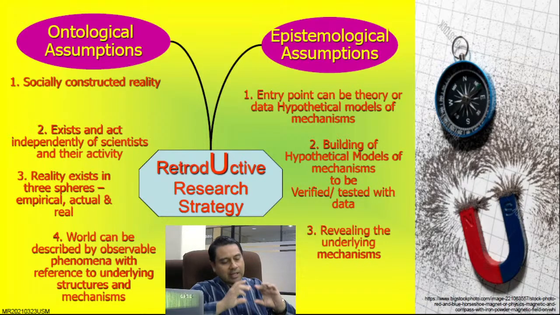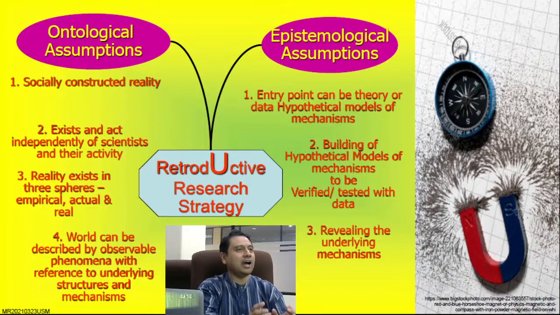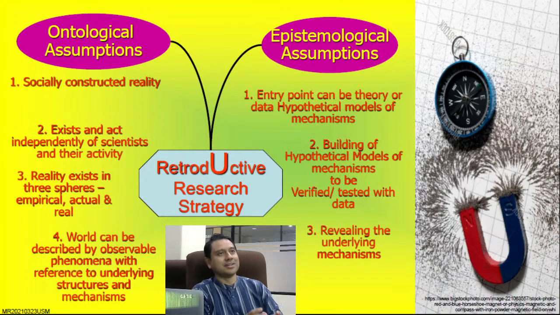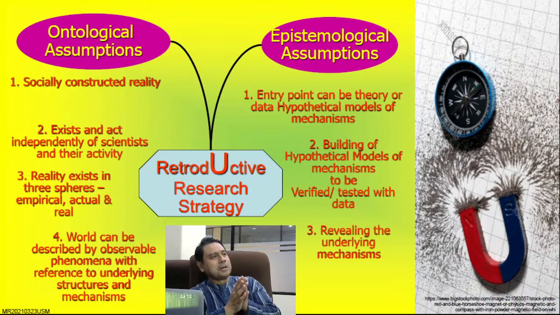And then we have another level, which is at the heart of it all, the real sphere. The real sphere might not even be seen, might not even be manifesting into events, but sometimes they can manifest.